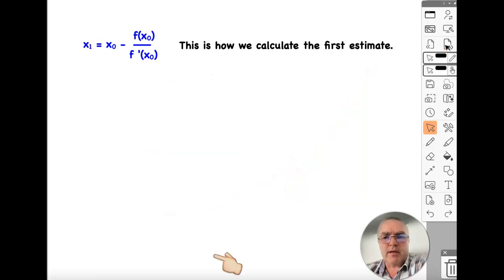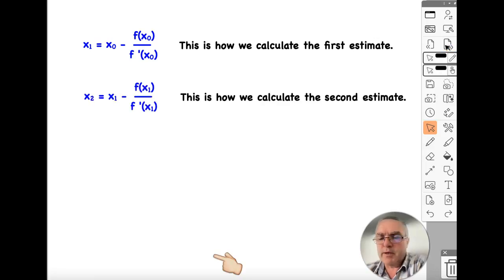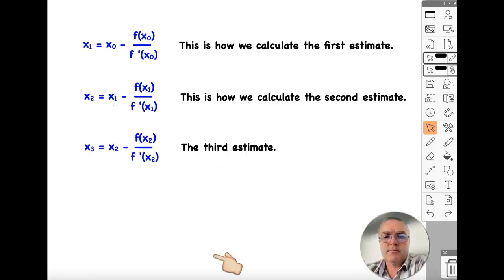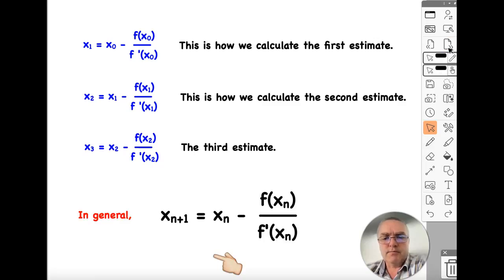So this is how we calculated the first estimate. In a similar way, this will be how we calculate the second estimate. So the first time we started with x naught and we got x1. The second time we used x1 and we got x2. And then we've got our third estimate, and so on. So in general, the same thing is happening.